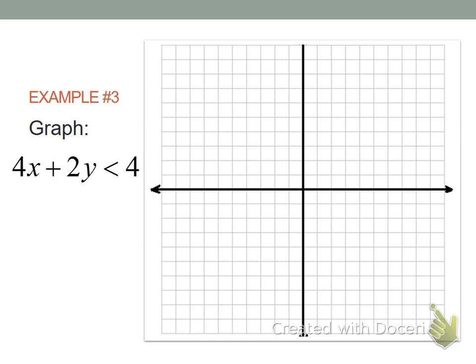Okay, because I notice that this is in standard form, and I know that both 4 and 2 can divide into C, this other 4, I'm going to graph it using my intercepts. So I'm going to graph with x and y intercepts. In order to do that, I'm going to plug 0 in for y and solve for x.